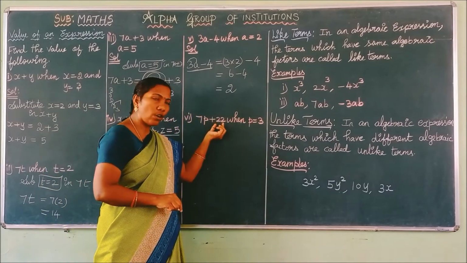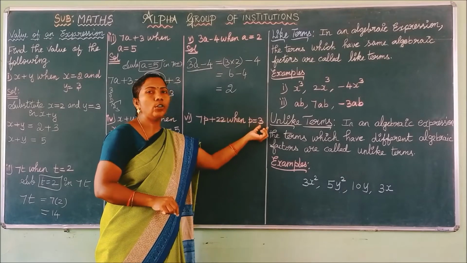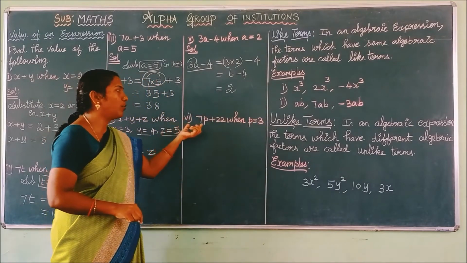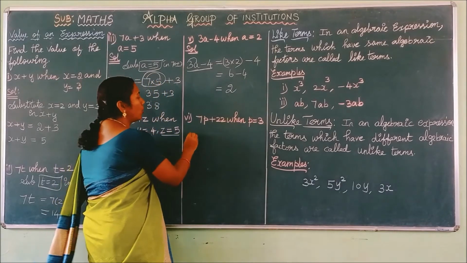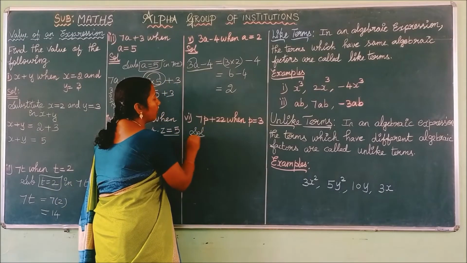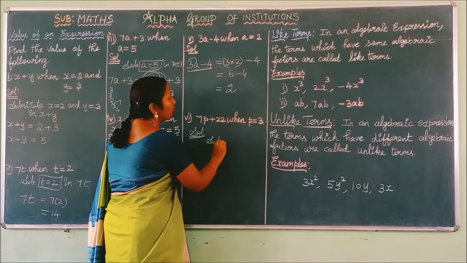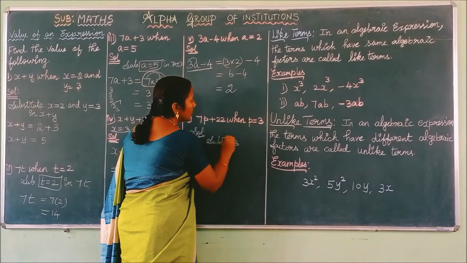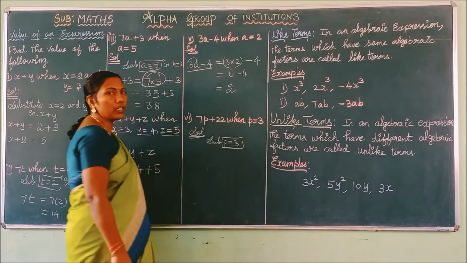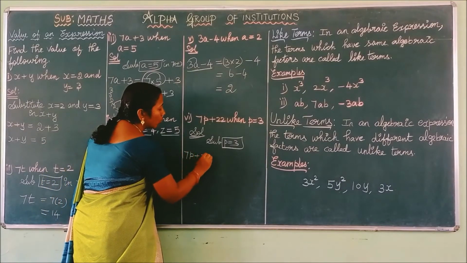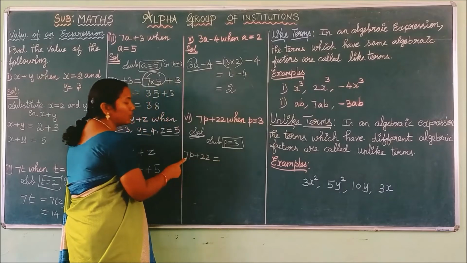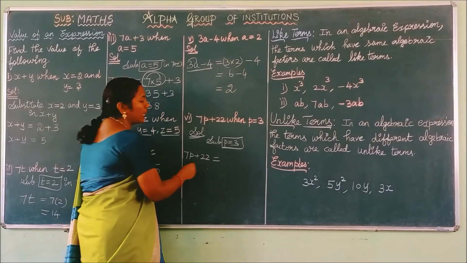7p plus 22 when p equal to 3. We have to find the value of this expression when p equal to 3. So in the solution part, you have to substitute p equal to 3 in this expression. What is the given expression? 7p plus 22. What is the operation between 7 and p? Yes, multiplication.